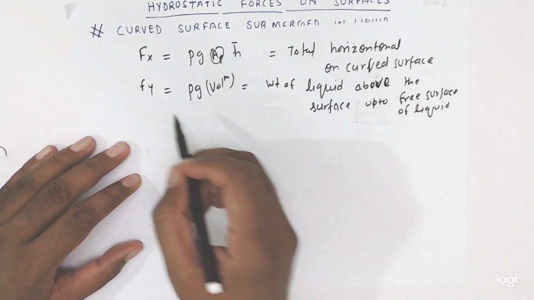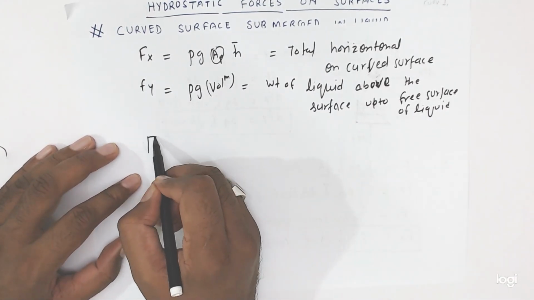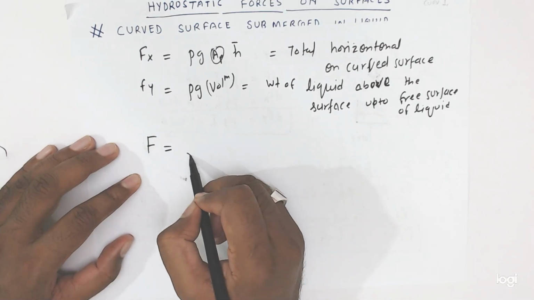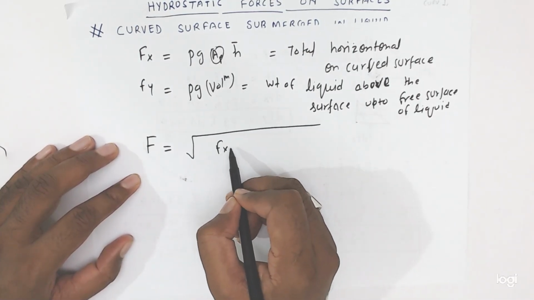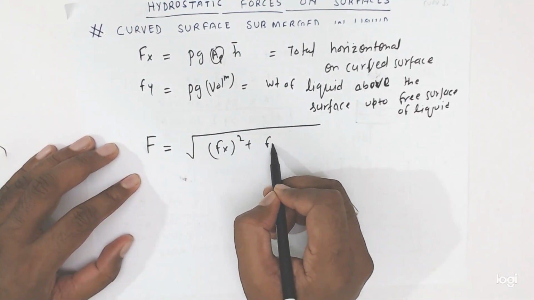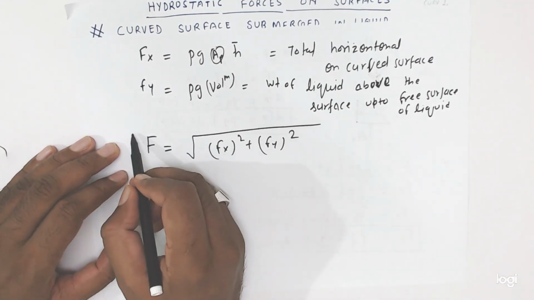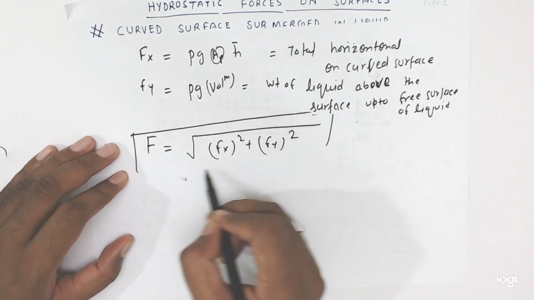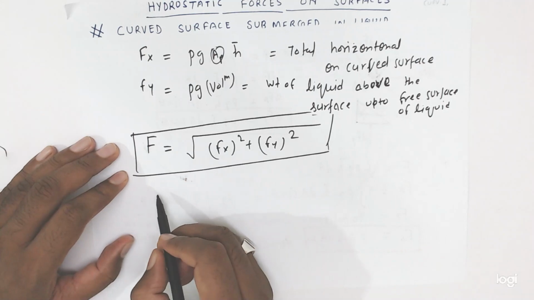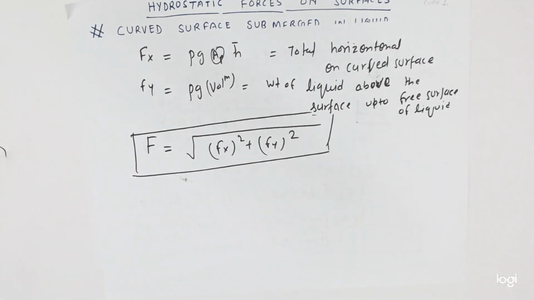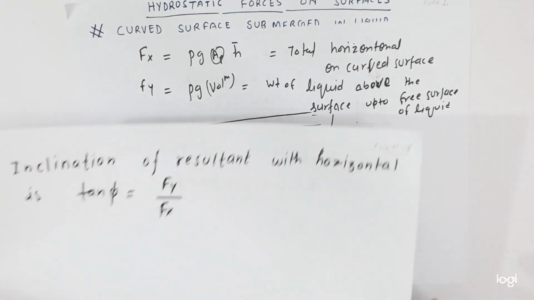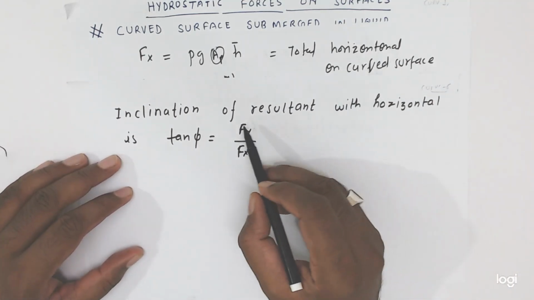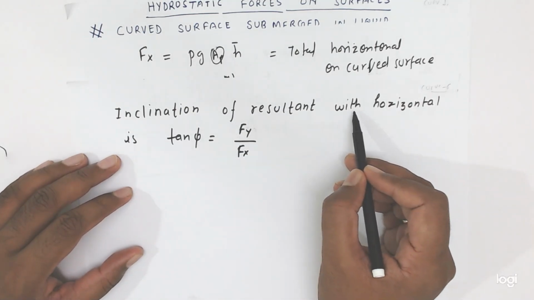Okay friends, now we have to calculate the resultant force. So resultant force F is equal to square root of Fx whole square plus Fy whole square. So from here we can find the resultant force. And one more point friends, you have to find the direction, or we can say inclination of resultant force with horizontal.